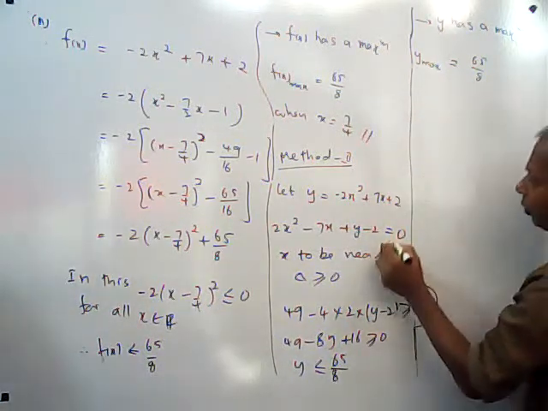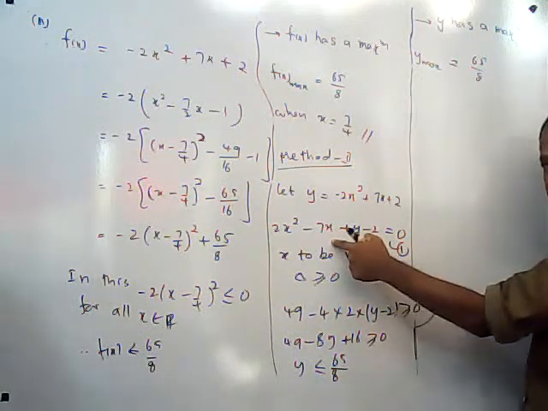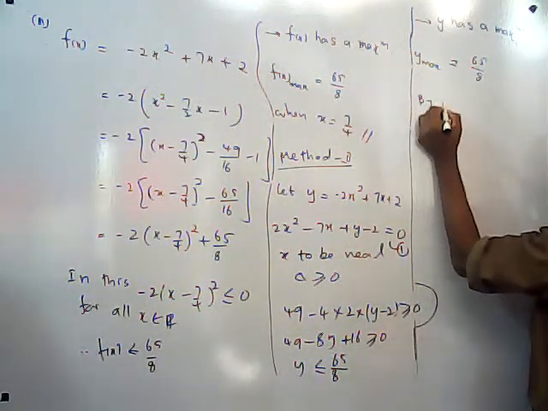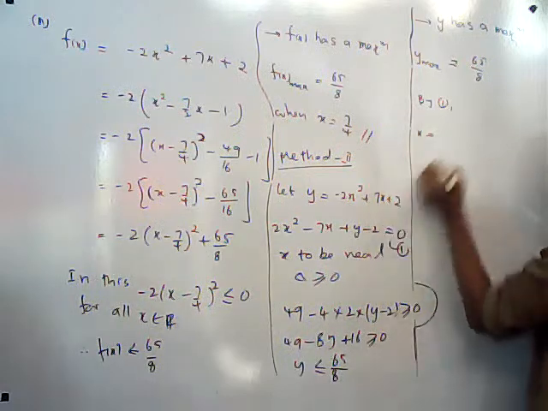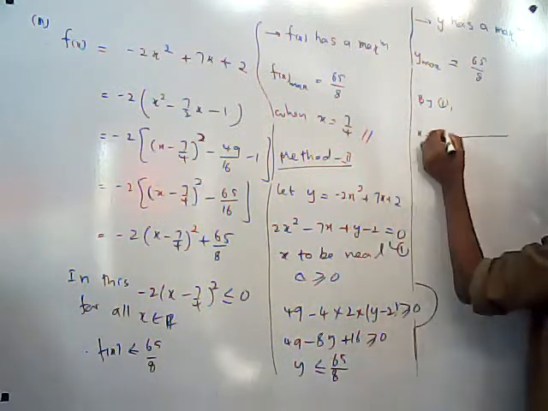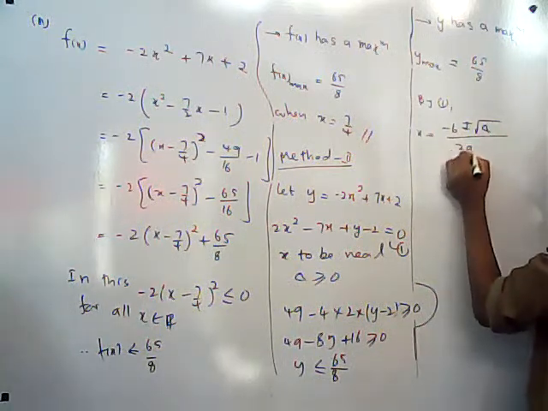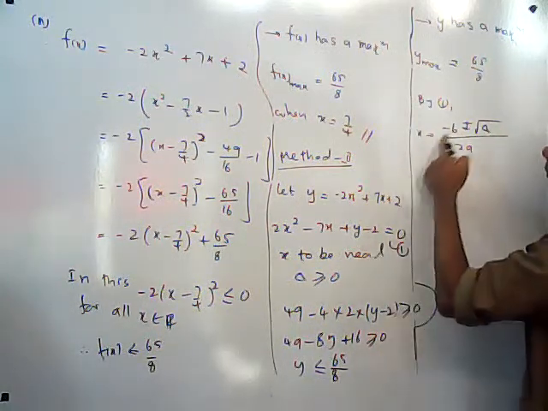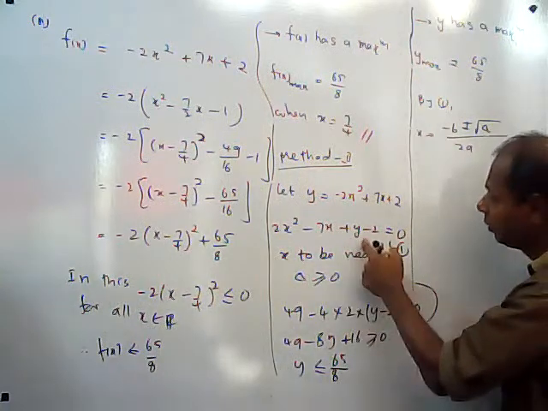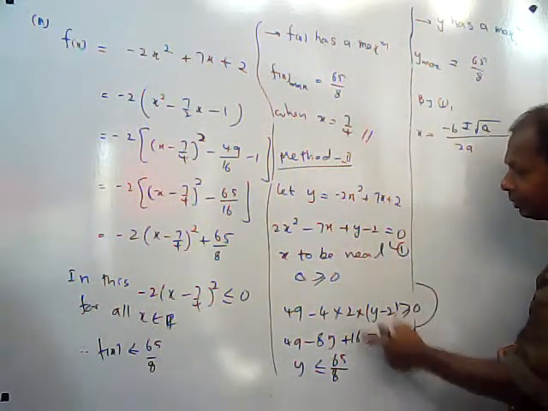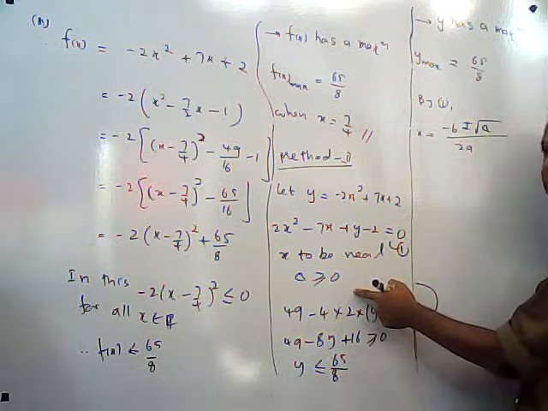Right? Then you have to find the value of x. We'll find it from this. By the formula, x is given by the quadratic equation: minus b plus or minus root of delta over 2a. When y is maximum, we know that delta is equal to 0, right?